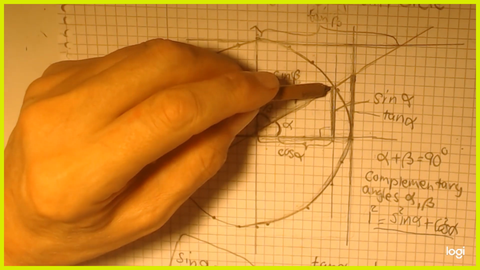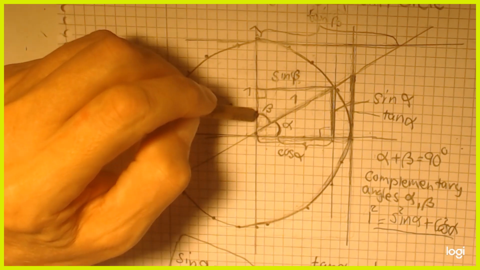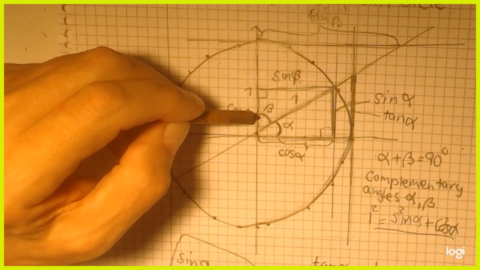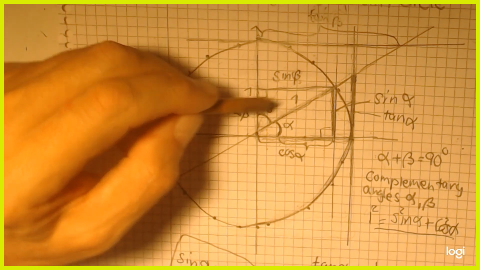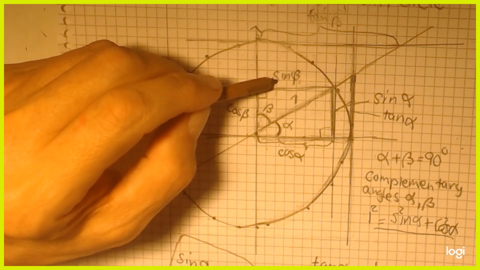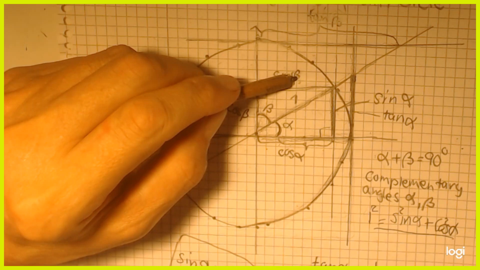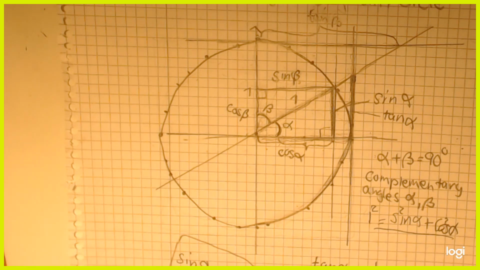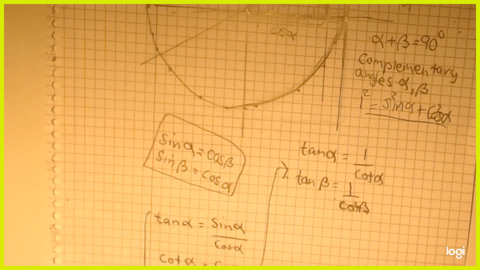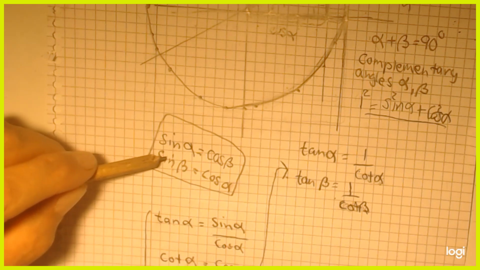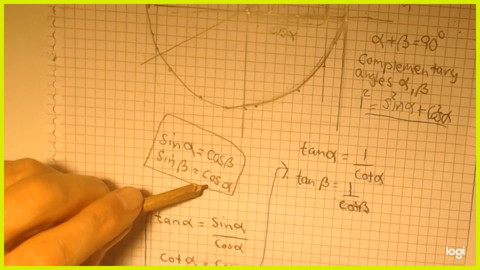Then we have a second triangle here. If this is beta, this side here is called sine beta. So you have sinus beta equals cosinus alpha.